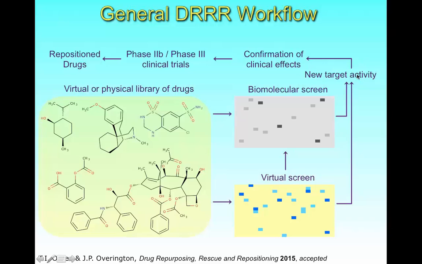They come up with a new target activity, and then they say, hey, this is where I'm interested, I'm going to publish this, and the rest doesn't matter to me. It's quite important, I would stress, that you confirm this in the clinic, so there should be some clinical trials after which you can talk about the successful repositioning or repurposing.